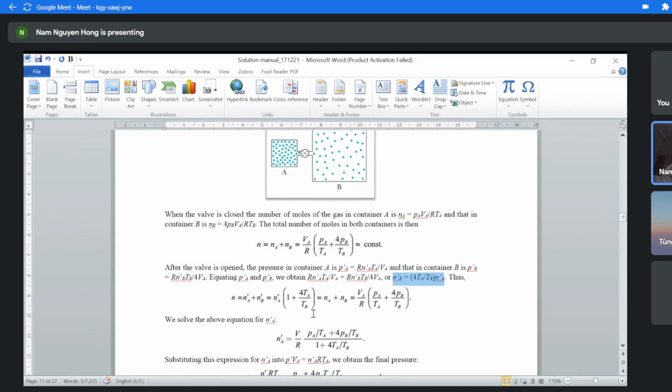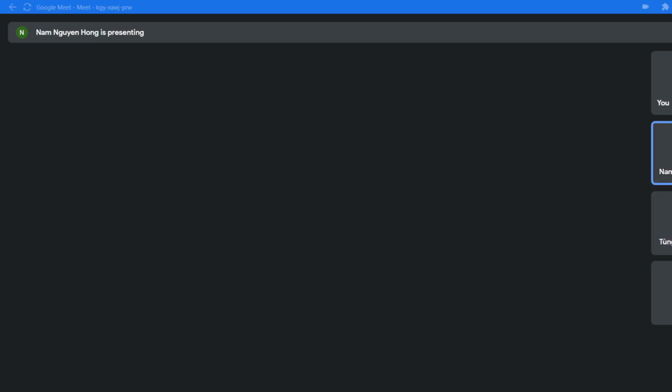So we expressed maybe NA prime or NB prime. It's up to you. Here I choose to express NB prime as a function of NA prime. The purpose is that now we have only one unknown, which is NA prime or NB prime.